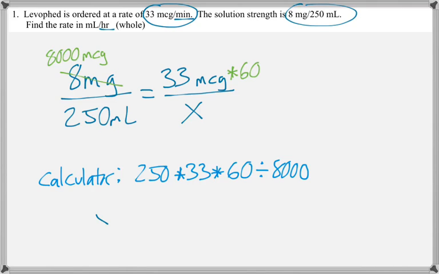And we get 61.875, but they want us to round this to the nearest whole number. So this will be 62 mLs per hour.